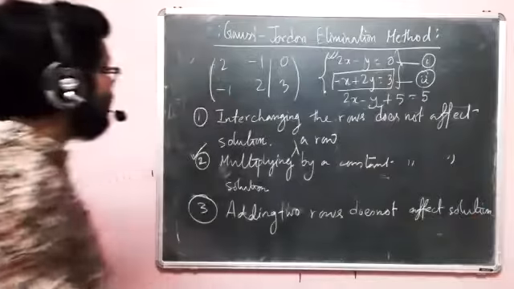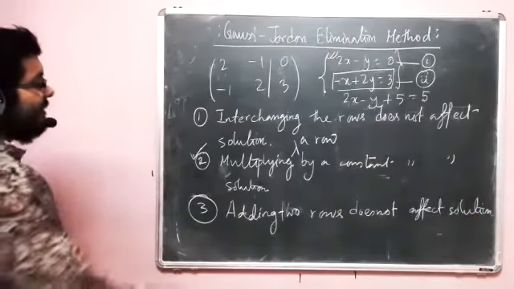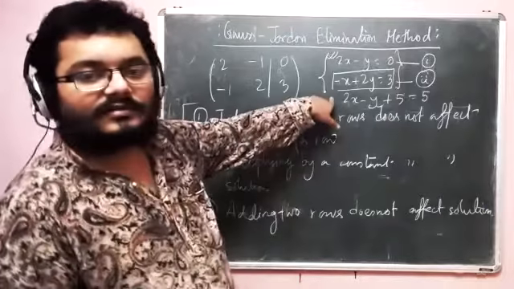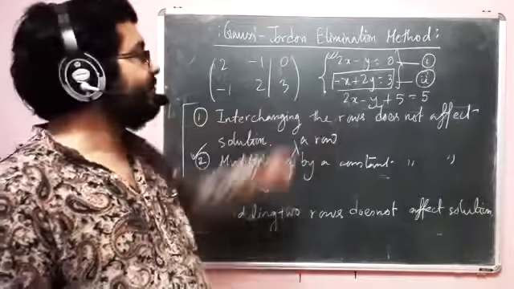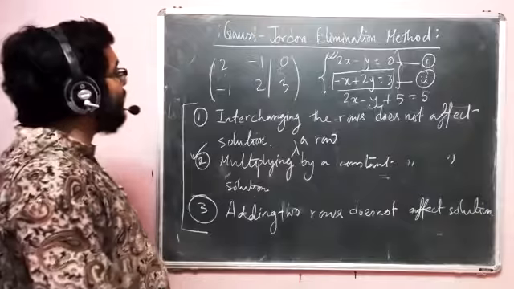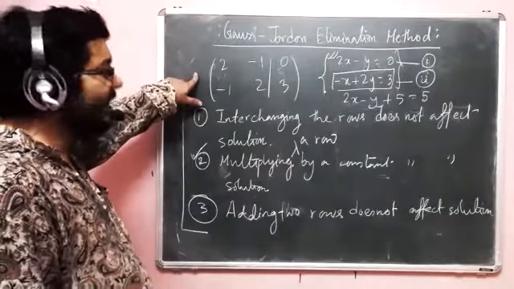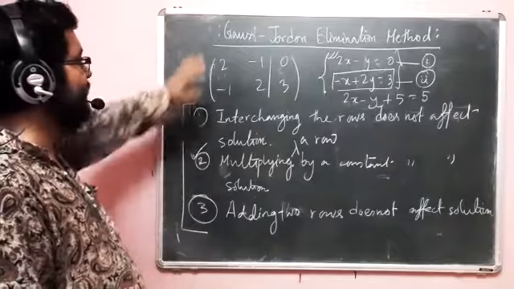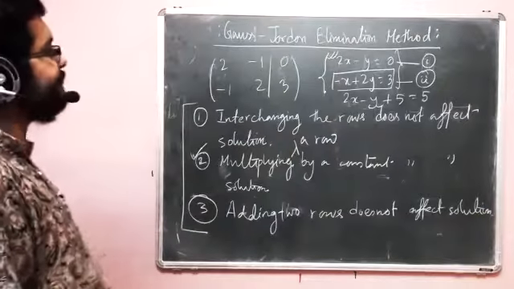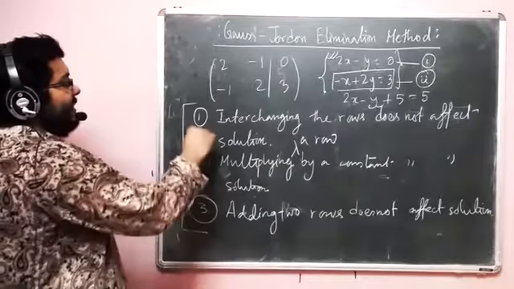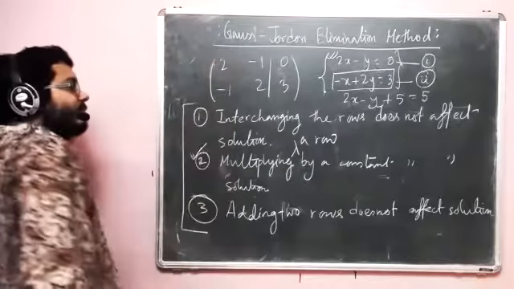So what do we have here? 3 operations which can be done here and the solution will remain the same. What are those? We can interchange the rows.